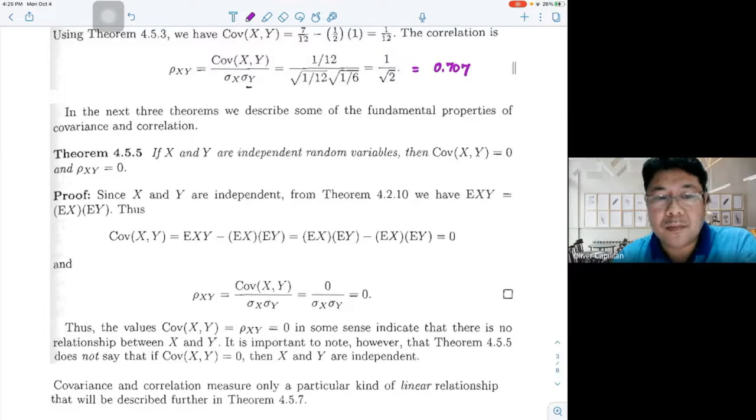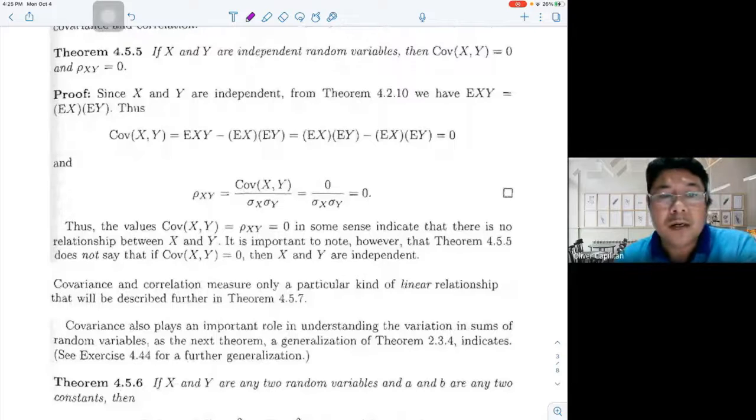The proof is very easy. The covariance of x and y, that's by definition for the first equality. Second equality, using the independence assumption, we get 0. Using the formula for the correlation coefficient, the covariance is 0, so the correlation coefficient would be 0.